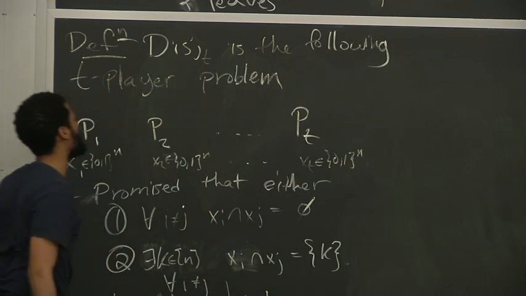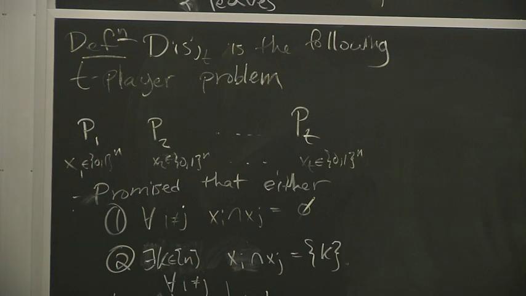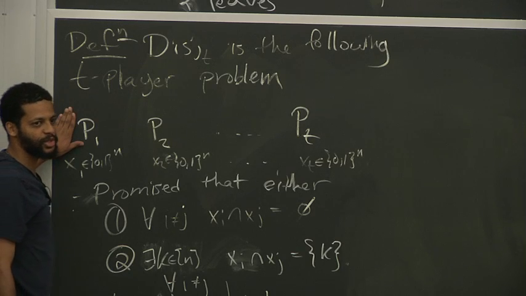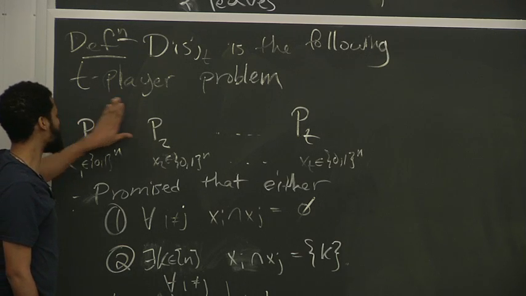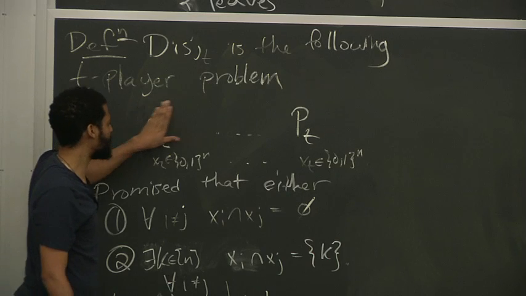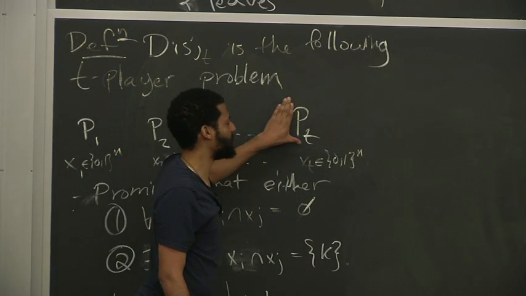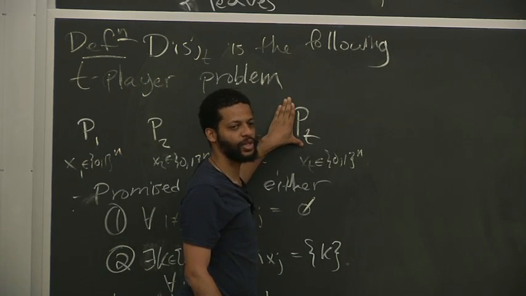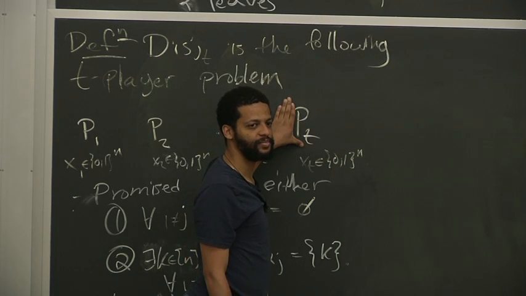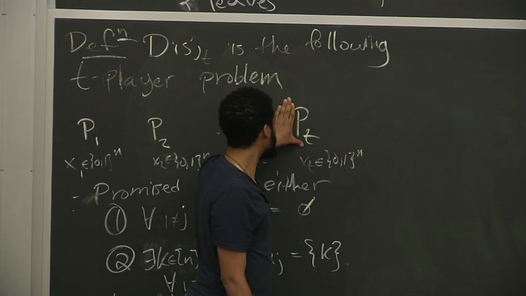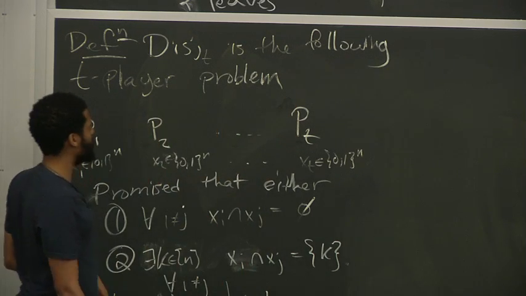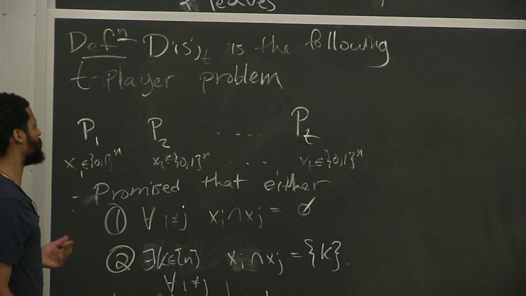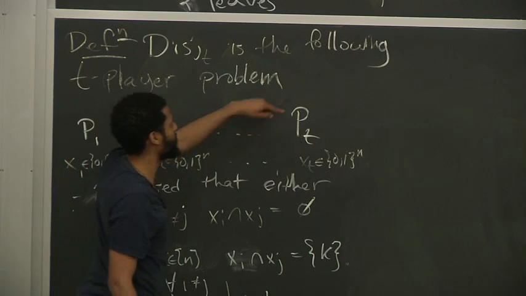And how does communication work in this T-player problem? Basically, P1 is the one who starts talking. P1 can send a message to P2, who can then send a message to P3, et cetera, all the way up to PT. And if you were looking at, let's say, multi-pass streaming algorithms, or not just one-way communication, we would also allow it to go around.